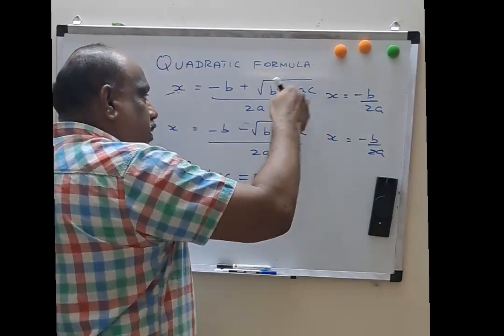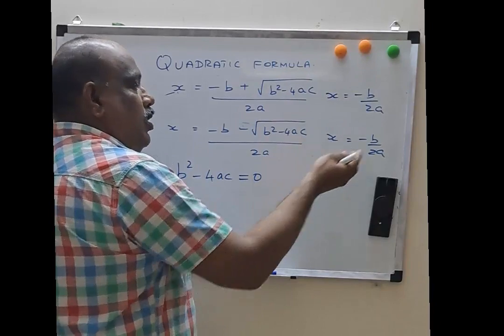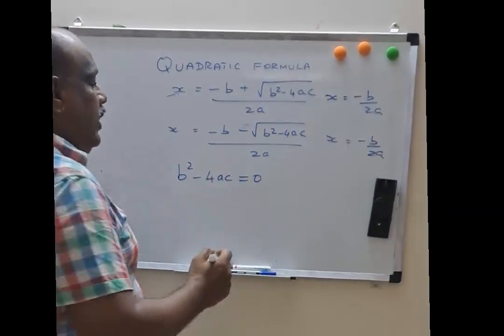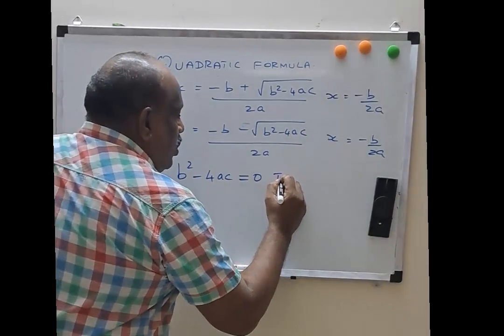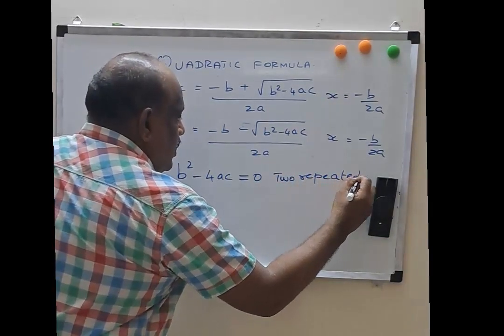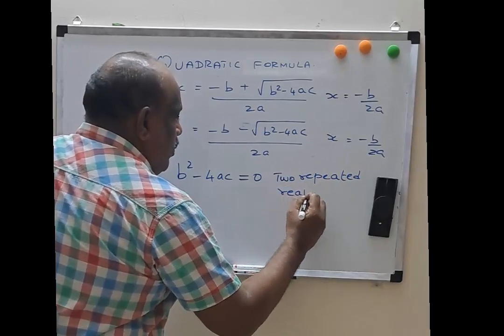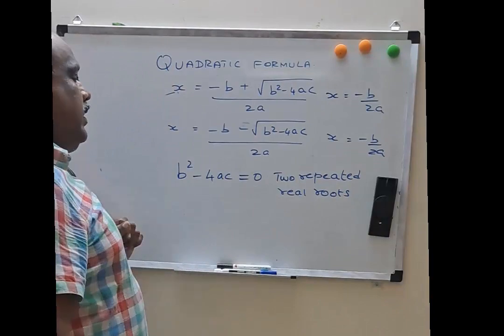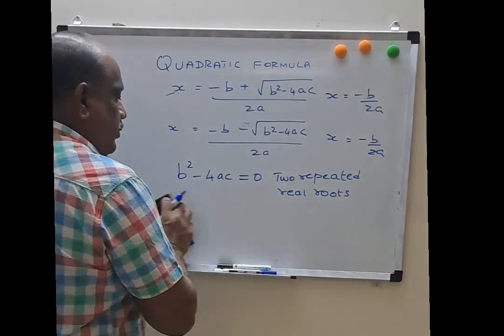Why? Because the square root becomes 0, so plus 0 or minus 0, and once again I have the same one. So when b squared minus 4ac equals 0, we have two repeated real roots.